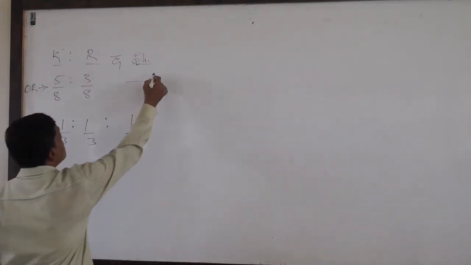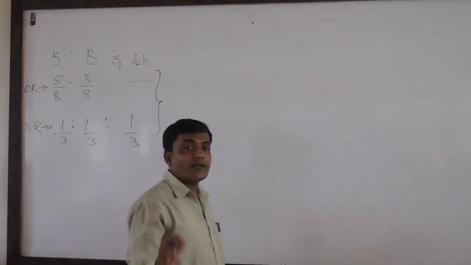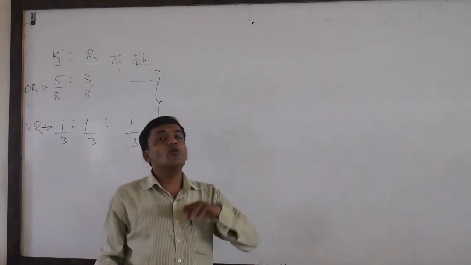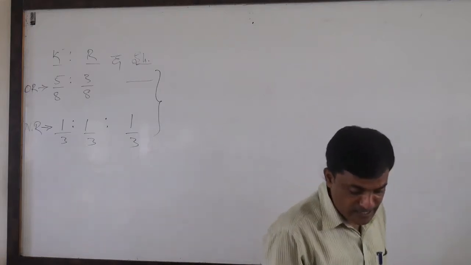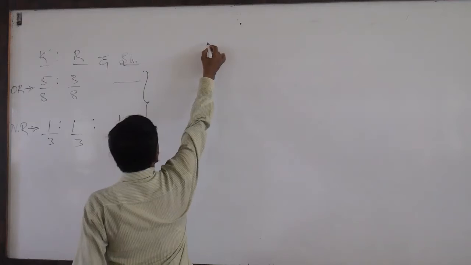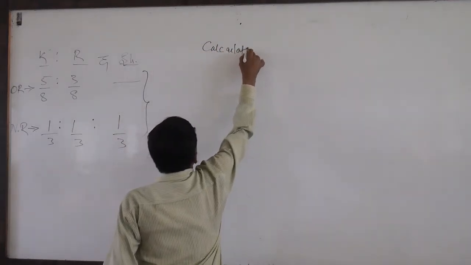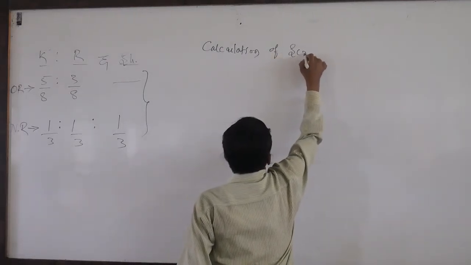So here we need to calculate the sacrifice ratio of old partners. As you all know, the old partners only sacrifice their profits towards the incoming partner. So let us see the last line, calculate the sacrifice ratio. The first step is calculation of sacrifice ratio.